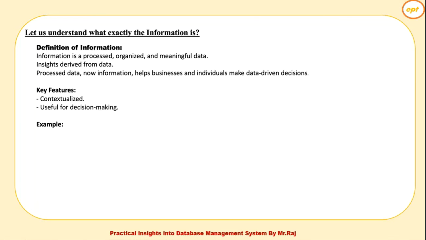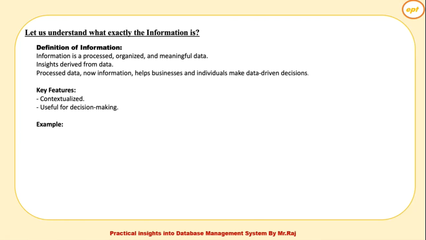Now can you tell me from your side some example of information with respect to real time, that we use daily? Yes, you can take a Google Maps example. Okay, now you are saying information is meaningful and it is supporting better decision making.